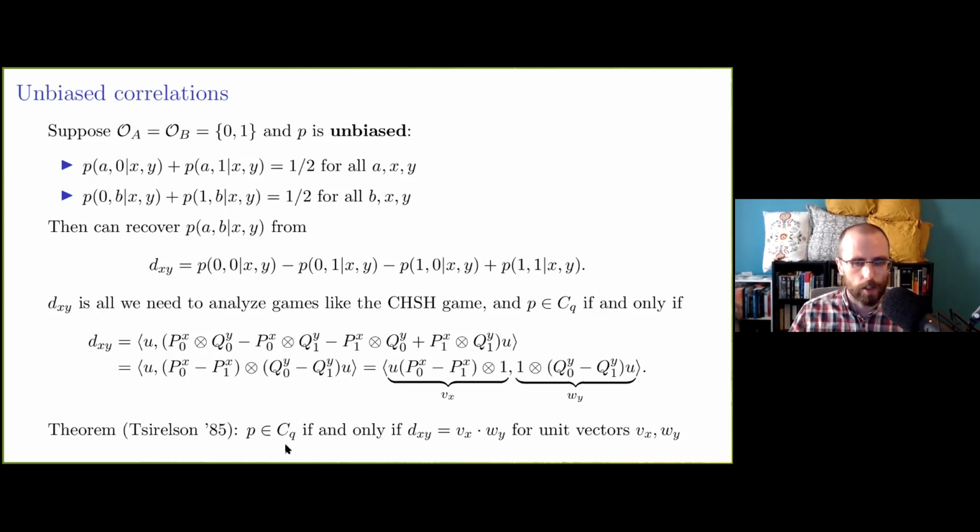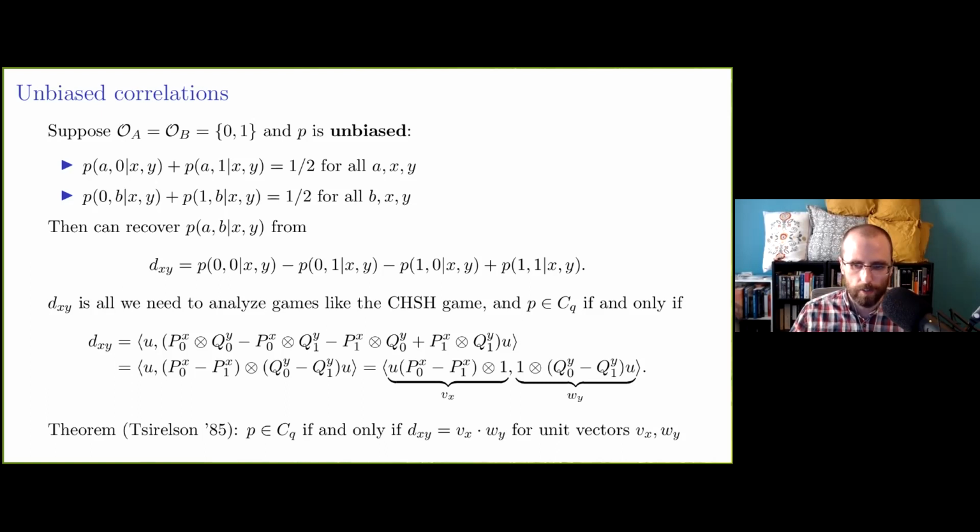P belongs to the unbiased part of C_q. I should have really put that on the slide. I was hoping that would be understood from the context, but I should be very clear about that. This is only for unbiased correlations. So P belongs to C_q if and only if d_xy is an inner product of vectors v_x and w_y for some unit vectors v_x and w_y.